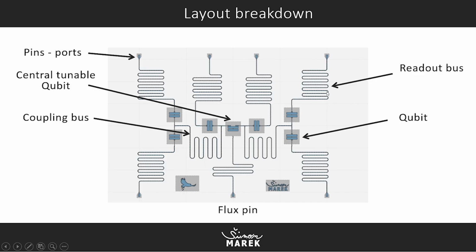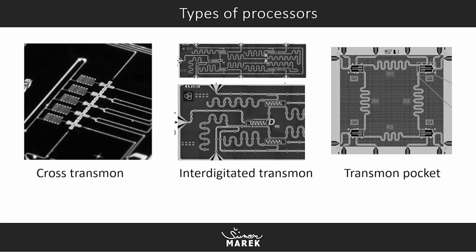Then we have the readout resonator or readout bus, which is just a connection to our qubit, and we can simply read out our qubit by this. And then we have normal qubits here, which are just 2-port devices. Here is our flux pin for the central qubit.